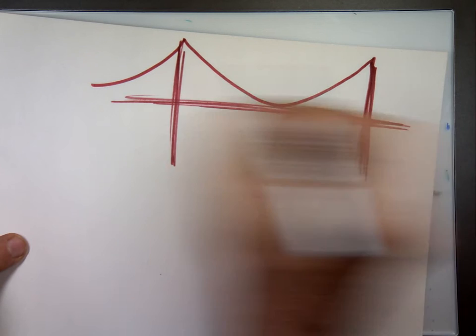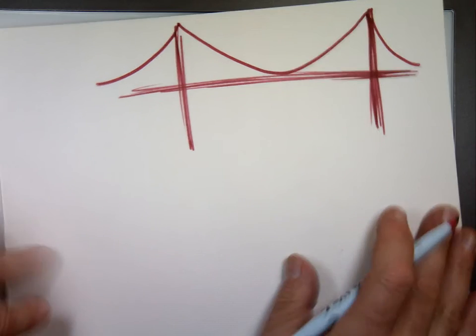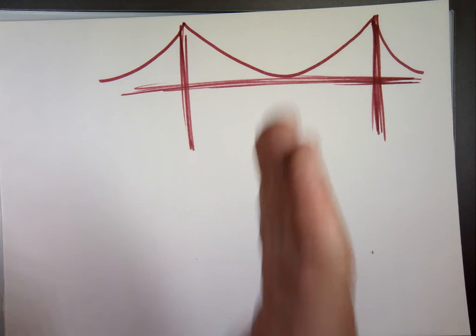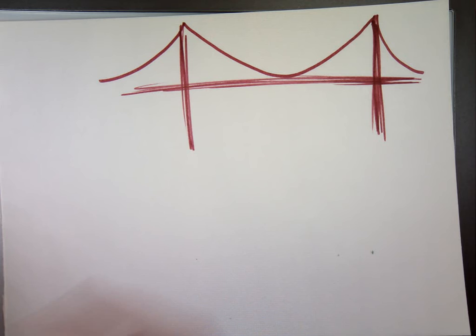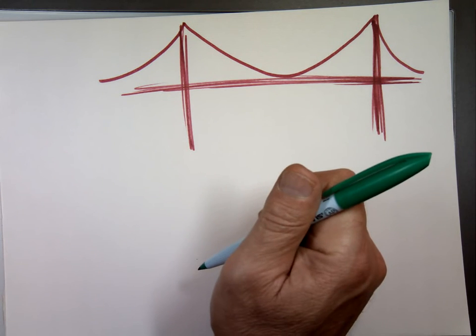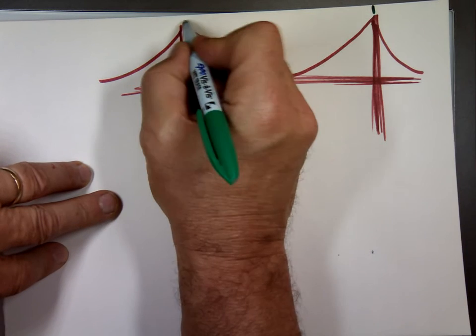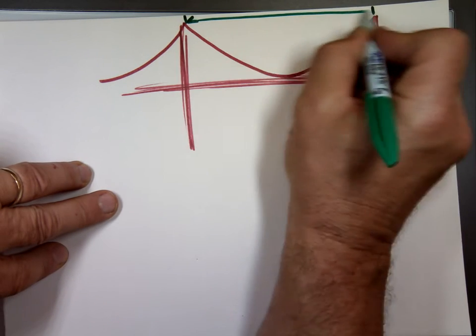Before they deliver the cables, everything was pre-cut. When we did ours, we were in the classroom, we measured all these cables. We said, okay, I know how wide that bridge is going to be. So for this example, the width of the bridge is going to be 4,200 feet. That's from here to here is 4,200 feet.